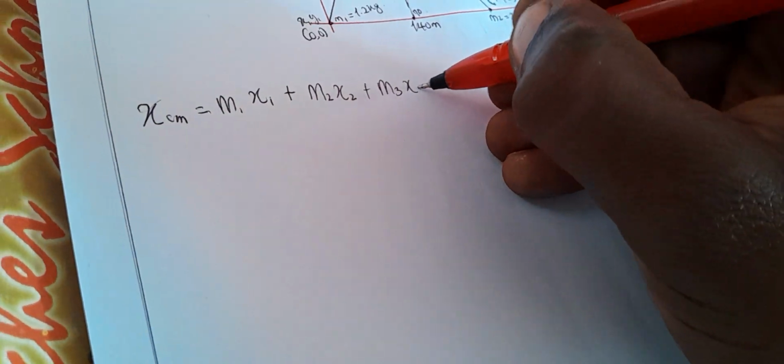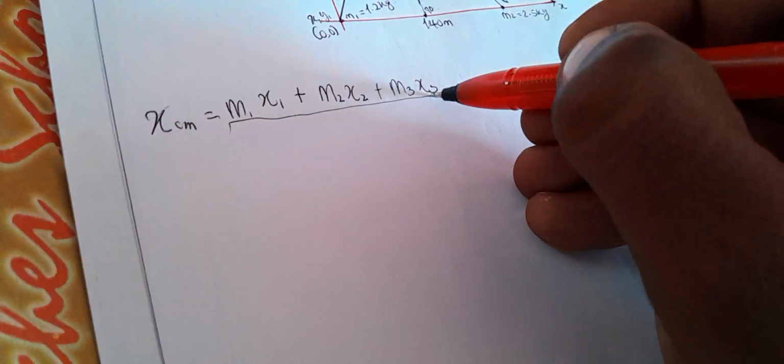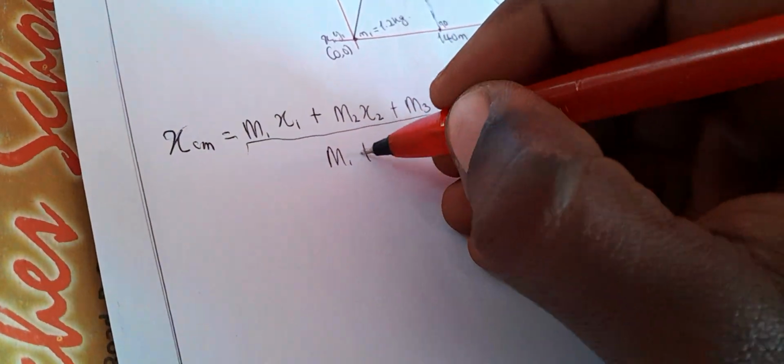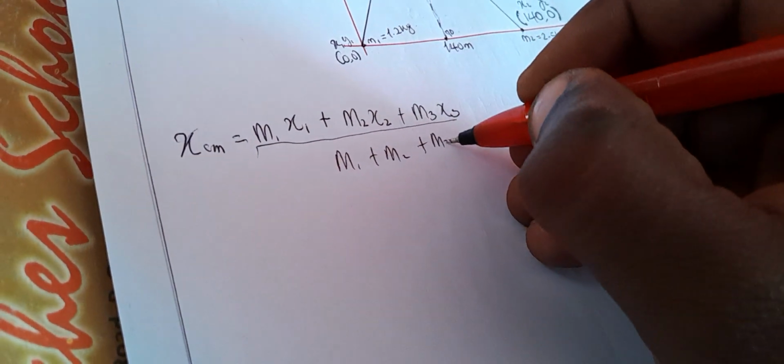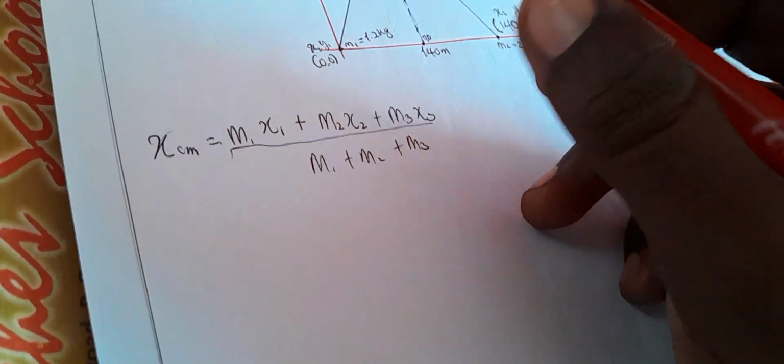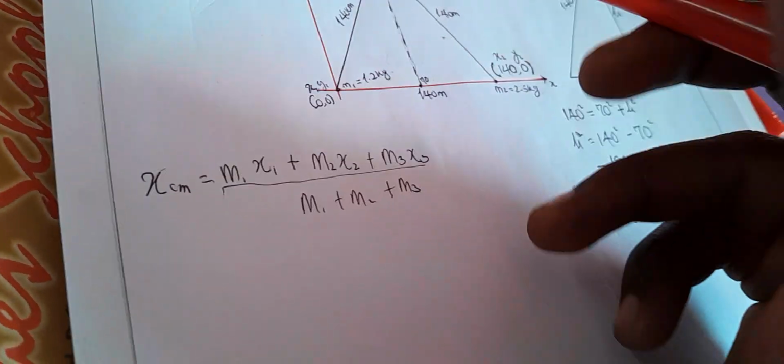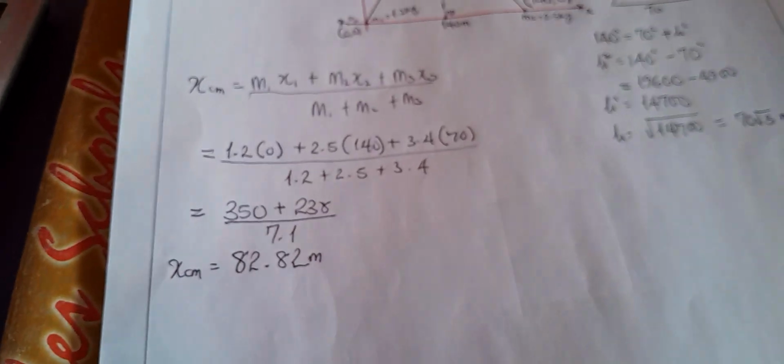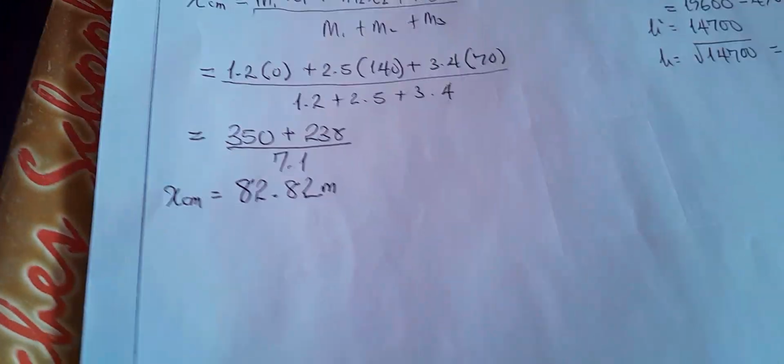So xcm will be equal to m1 x1 plus m2 x2 plus m3 x3, over m1 plus m2 plus m3. Right, so all we need is just to substitute the values and simplify.